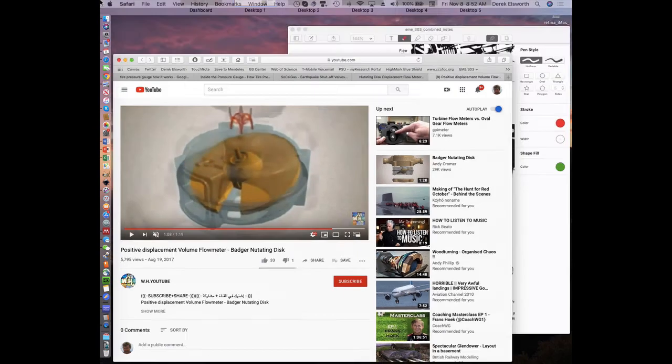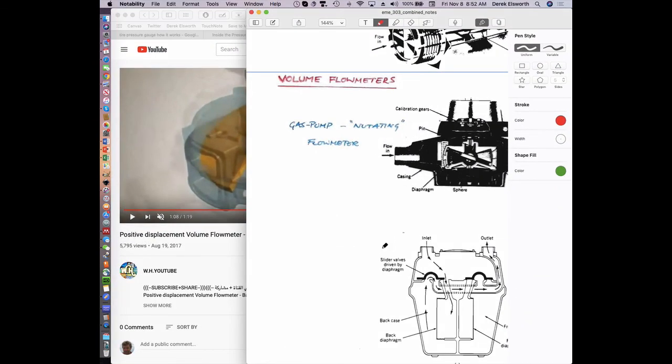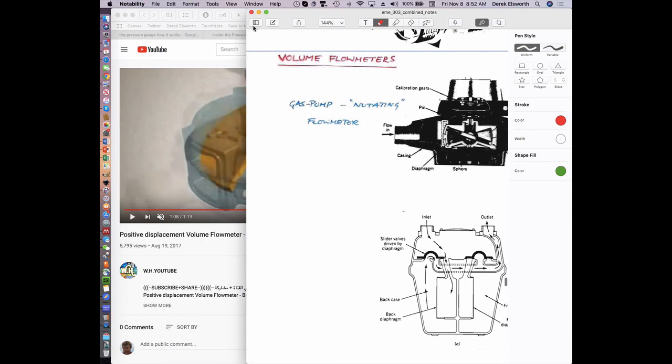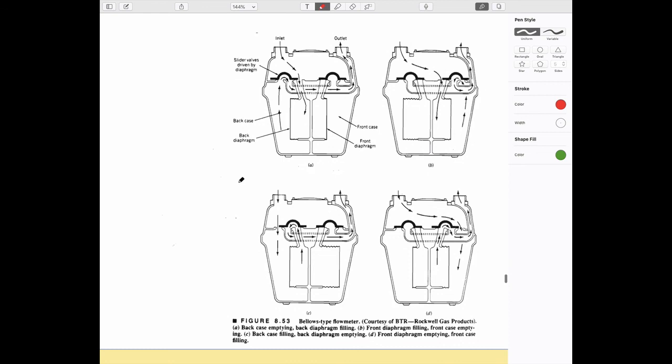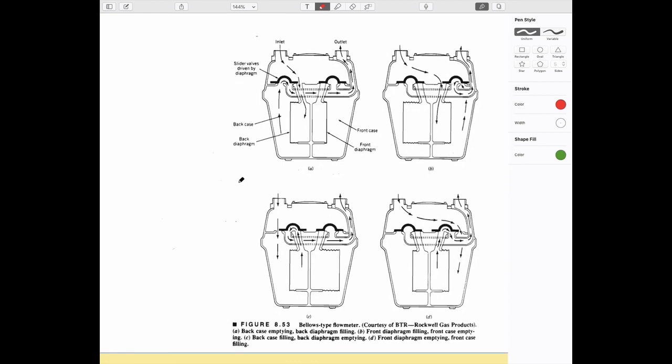And I suppose the other component of that behavior is, I've never quite worked out how these work, but you see these outside all the apartments in town. These are gas meters. And a gas meter, somehow it takes a volume of gas into a chamber that changes its volume to accept the gas.